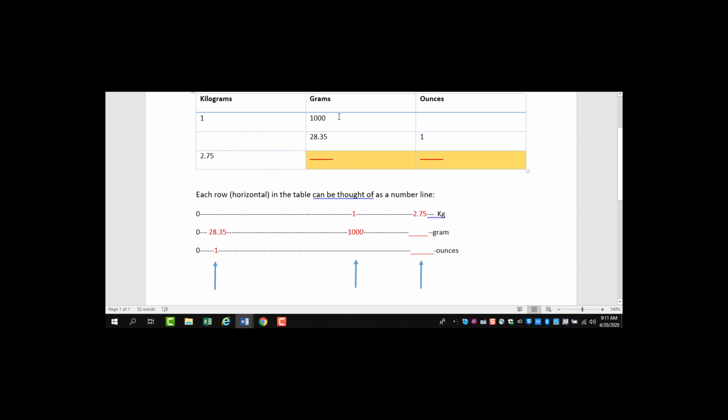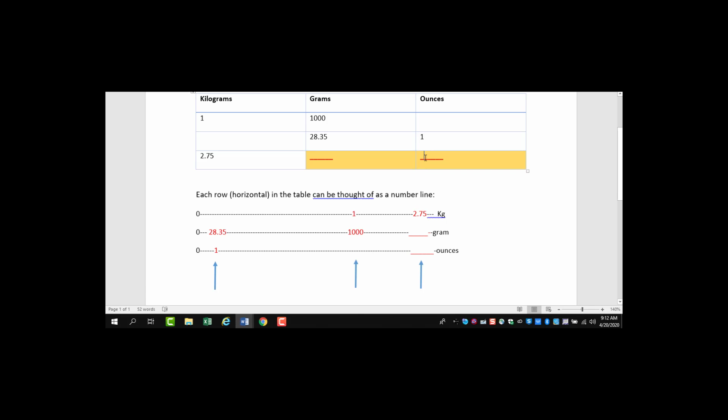And the other equivalency we have here is 1 ounce is 28.35 grams. So with these two facts, notice things that line up vertically are equivalent. We're going to find these facts here.